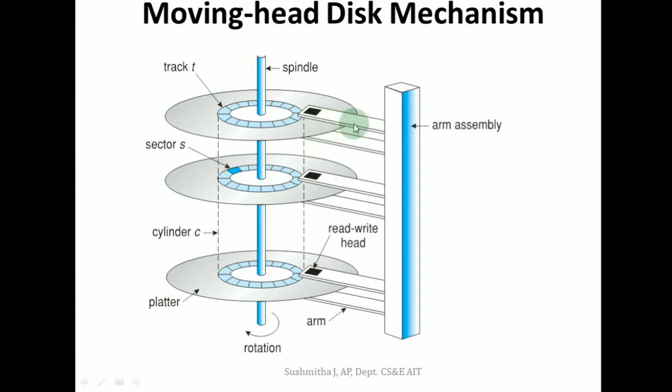This read write head is attached to the arm assembly. The disk arm assembly is the one that moves the read write head forward and backward, and the read write heads fly over the disk.